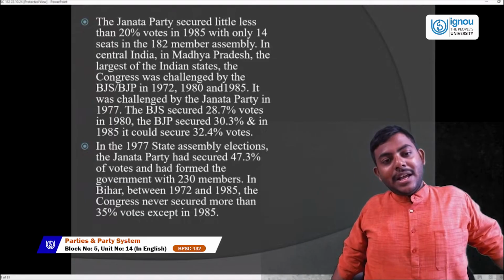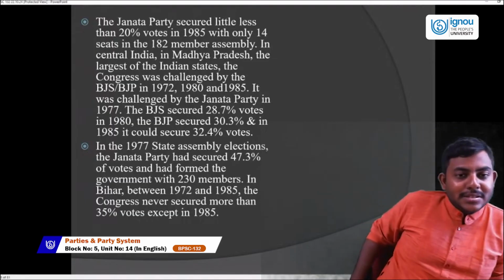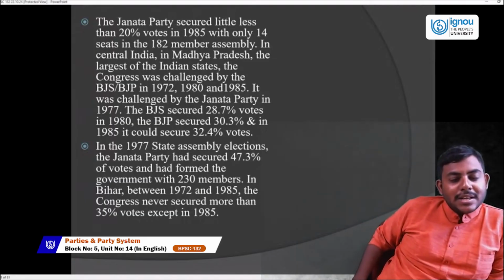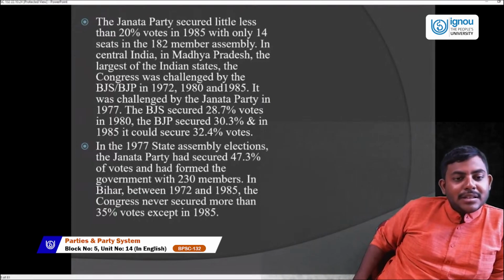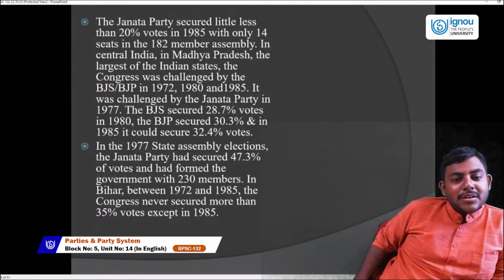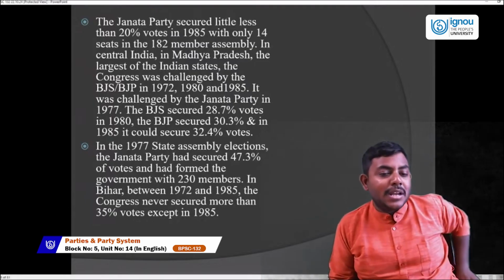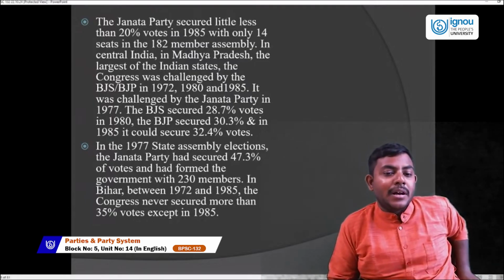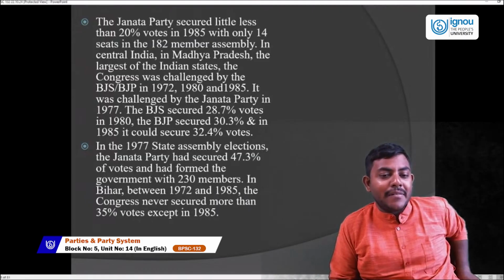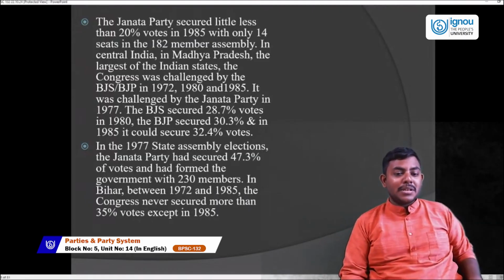In central India, in Madhya Pradesh, the largest of the Indian states, the Congress was challenged by the Bharatiya Jana Sangh and Bharatiya Janata Party in 1972, 1980 and 1985. It was challenged by the Janata Party in 1977. The Bharatiya Jana Sangh secured 28.7% votes in 1980. The BJP secured 30.3%, and in 1985 it could secure 32.4% votes.